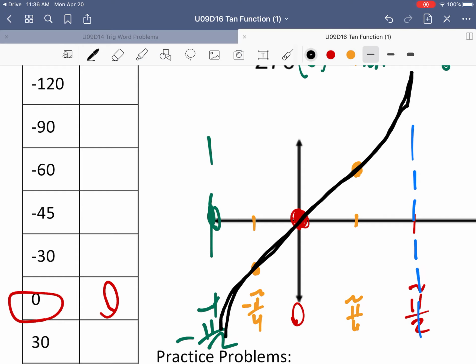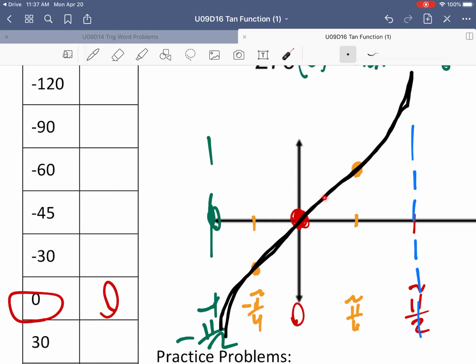So this curve will begin at -infinity at negative pi over 2, go up through -1 at -45 degrees. So here, let me use my pointer. So yeah, we're going to start at -infinity at -90 degrees. And then as we progress to -45 degrees, we go to -1. Then as we approach 0, we will reach 0.